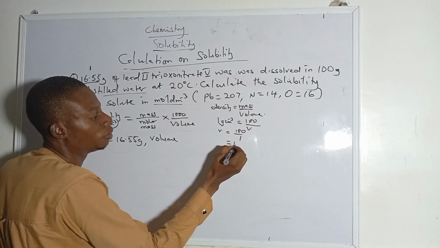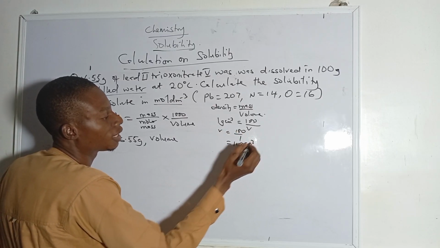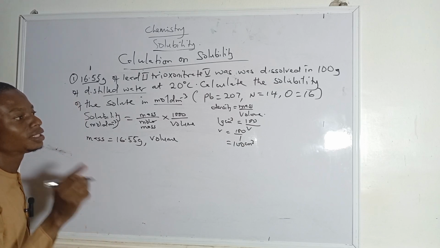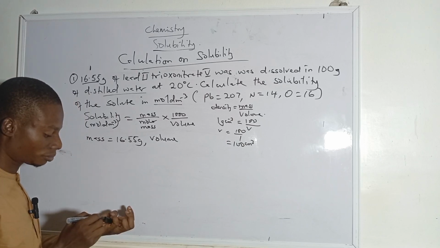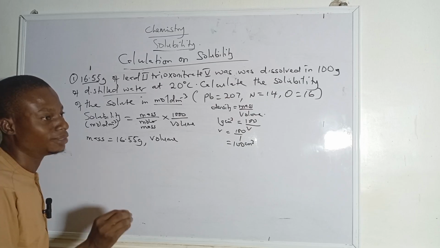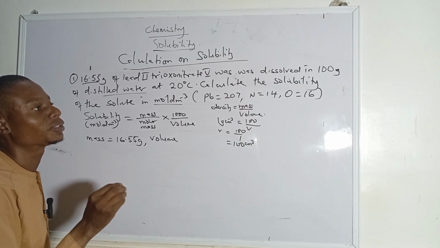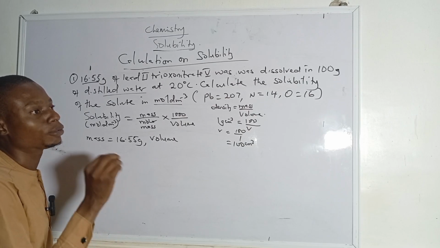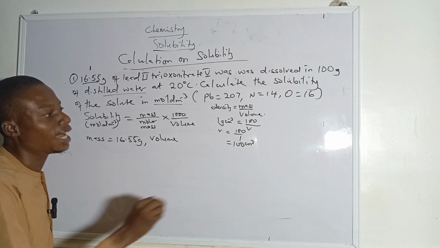So it should still be 100 centimeter cube. So if you are given the mass of water in gram, that particular value is the same as the volume.